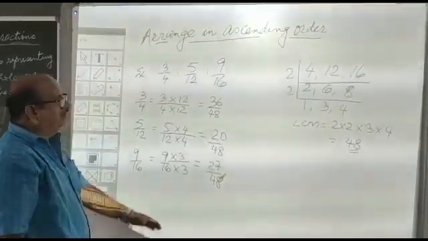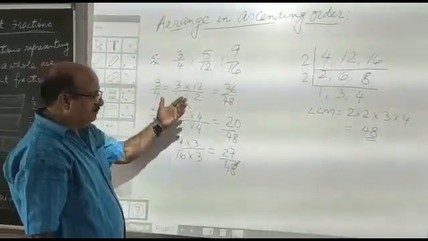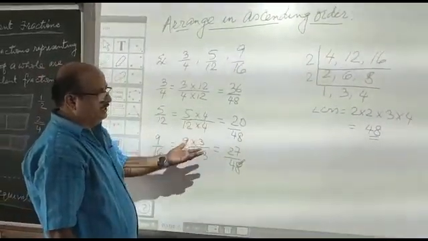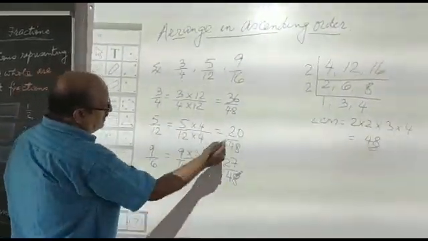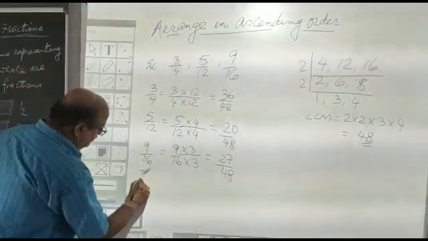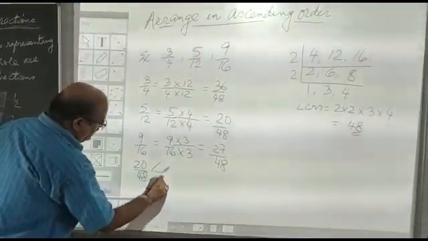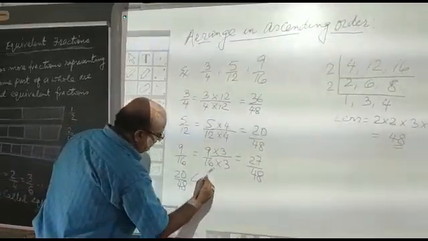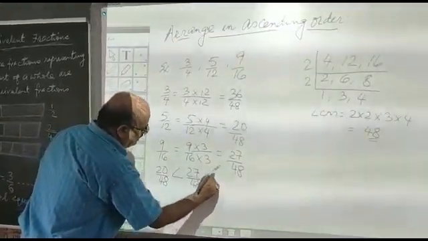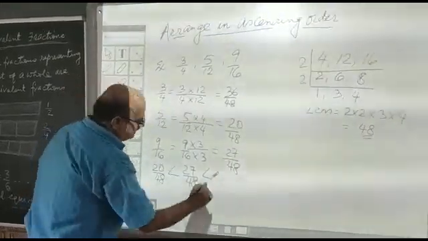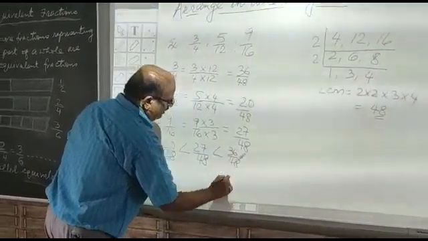So we see that all the denominators are the same. Now, because of the same denominators, the greater numerator is the greater fraction. So the smallest one is what? 20/48. Then you come to 27/48. Then 36/48. Clear?